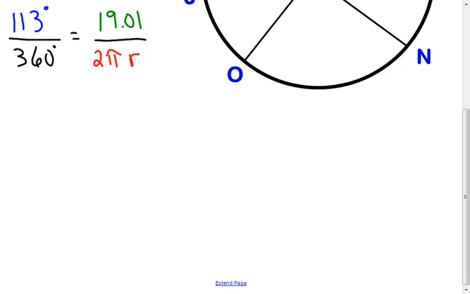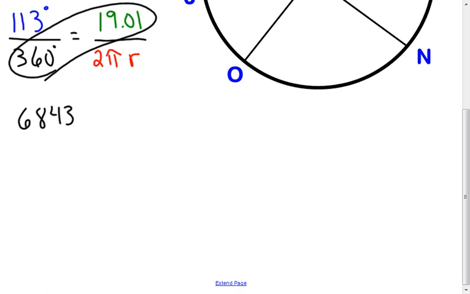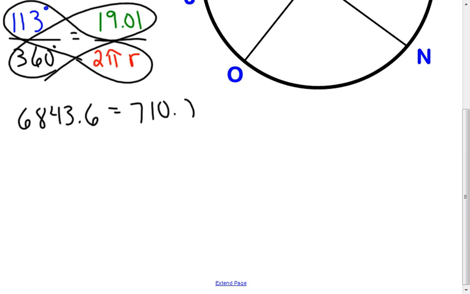So I'm going to cross multiply. First I'm going to go like this, take 360 times the 19.01, and I end up with 6,843.6 equal to, and now I'm going to cross multiply this way. And being I'm dealing with decimals already, I'm going to put the 3.1415 so on in for the pi when I do my multiplication here. And I end up with, it would be approximately 709.99, so I'm going to go 710.0.